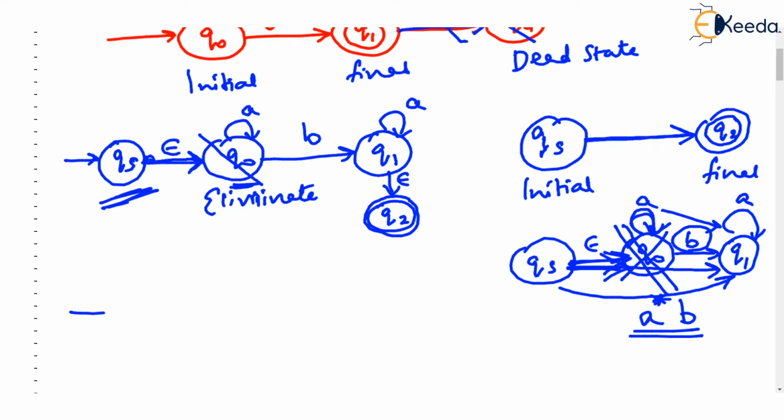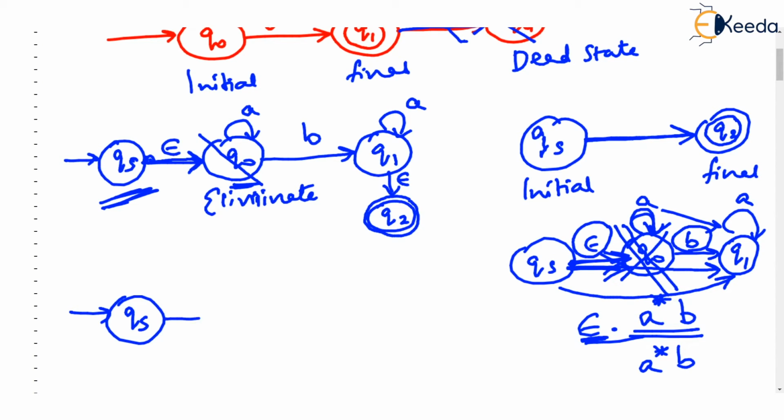Just check what we have got after eliminating Q0: A star B. Actually, we have got epsilon dot A star B, because this epsilon is also there. But anything concatenated with the null string epsilon has no significance, so the result of epsilon dot A star B will be A star B itself.